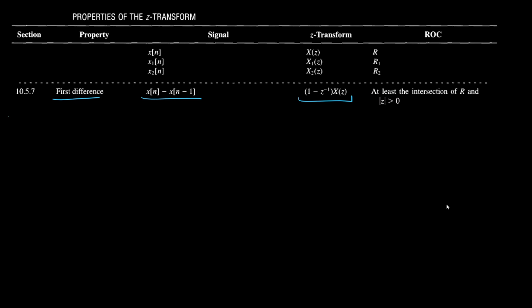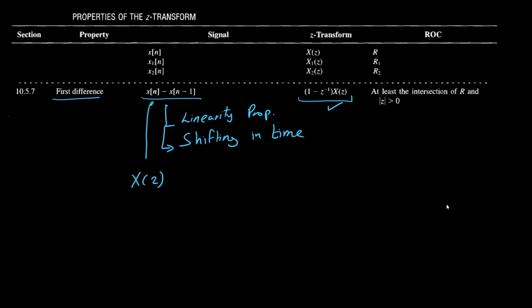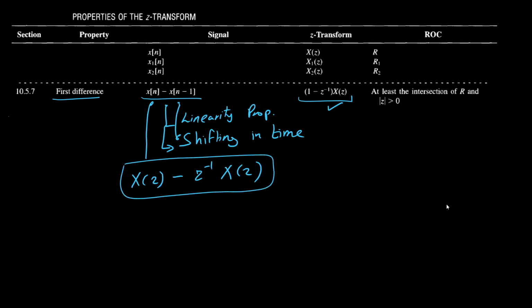Now using simply linearity property and shifting in time, we can achieve this. That is, this would simply be x of z, and from shifting in time property, we have z inverse x of z, and then if we take the common x of z, we would reach here.